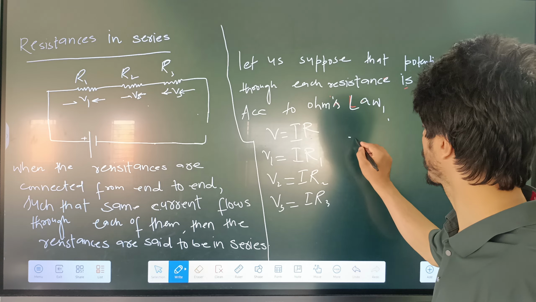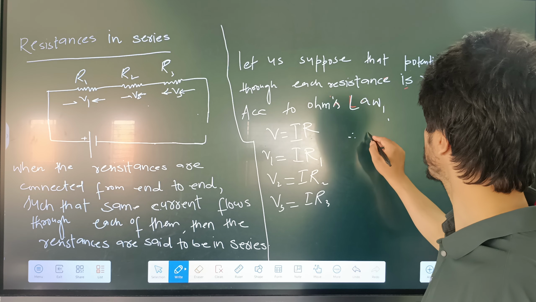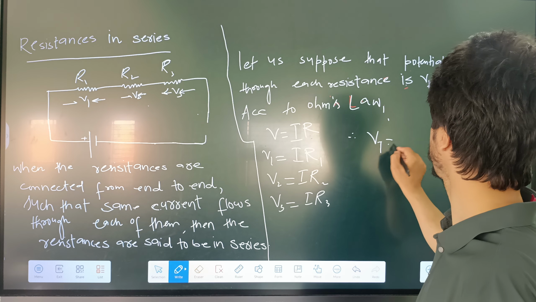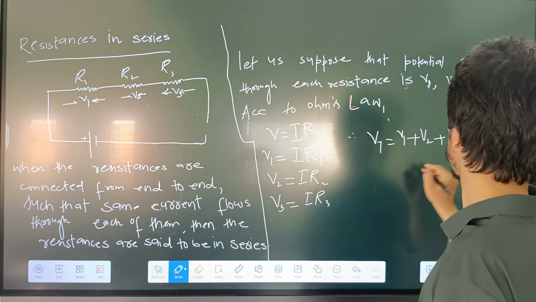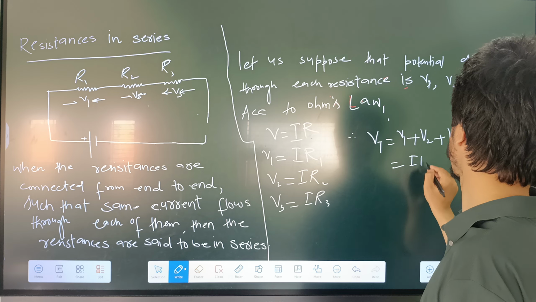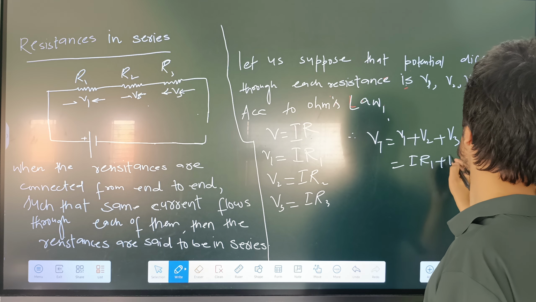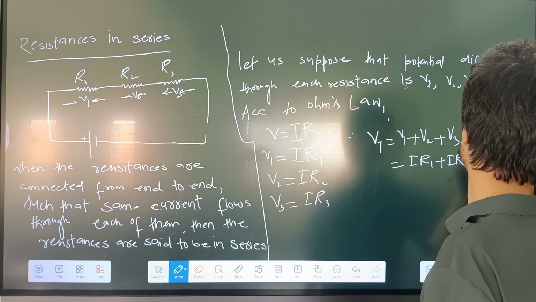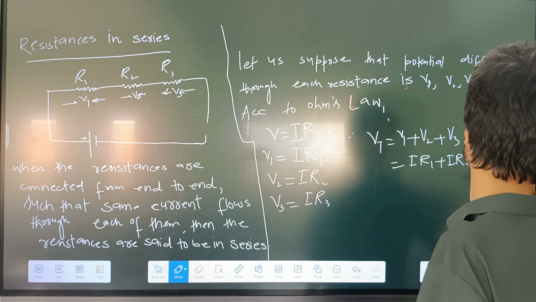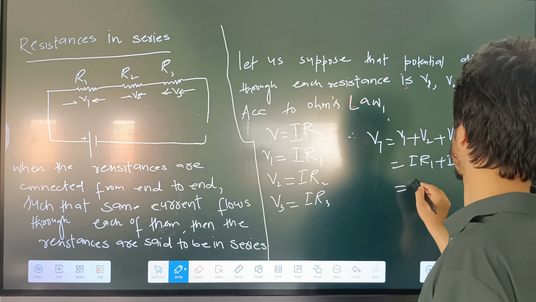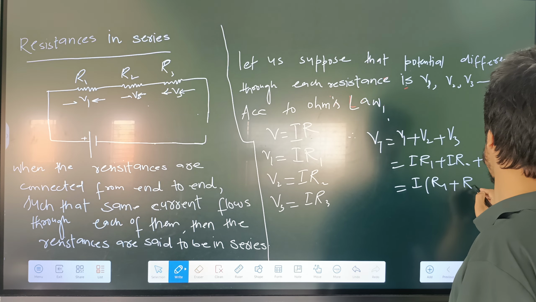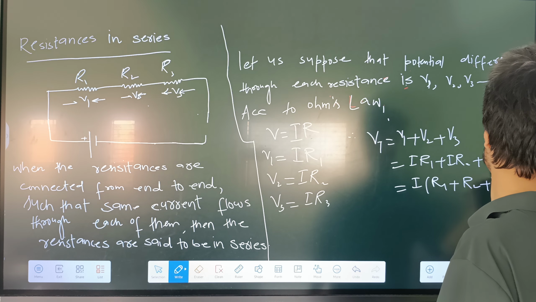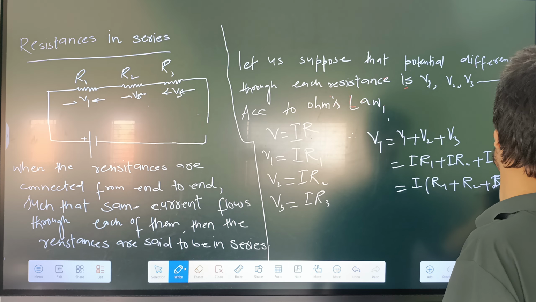Therefore the total potential will be V1 plus V2 plus V3, which is equal to IR1 plus IR2 plus IR3. So it means I into (R1 plus R2 plus R3).